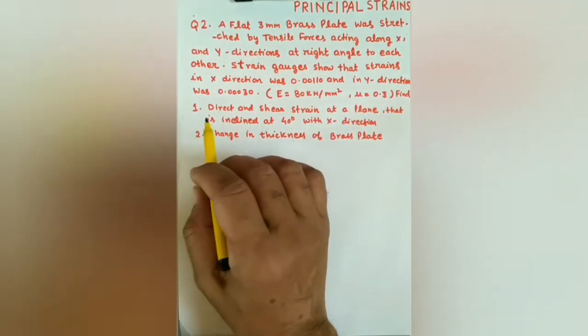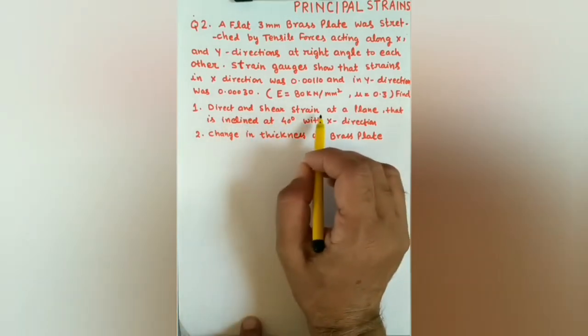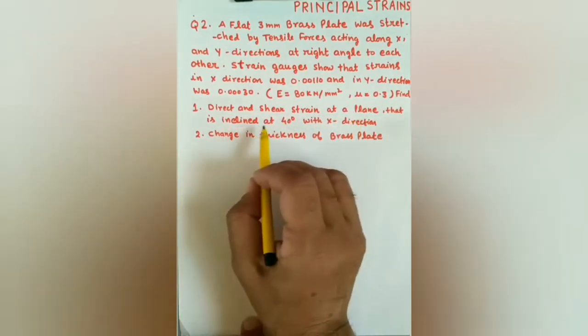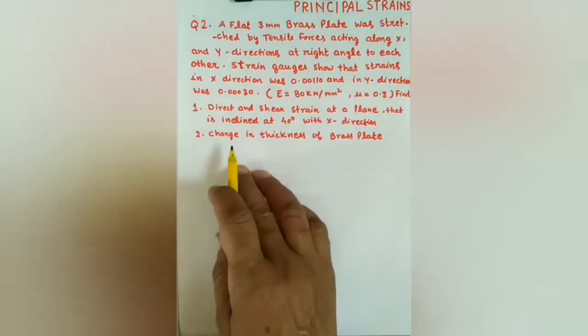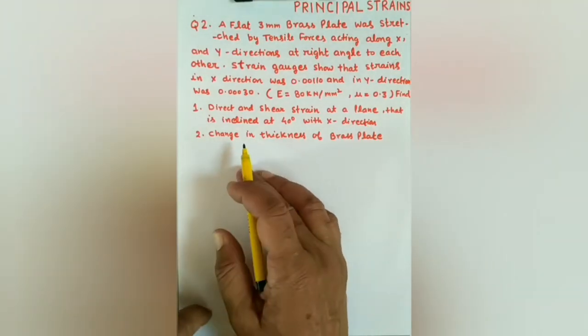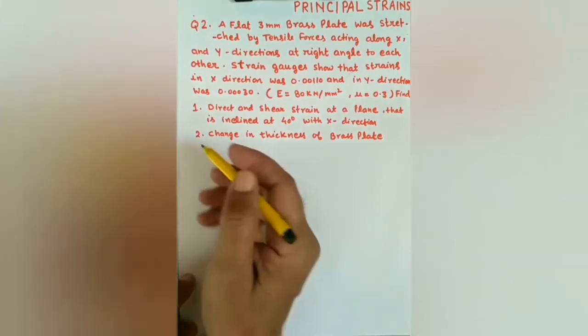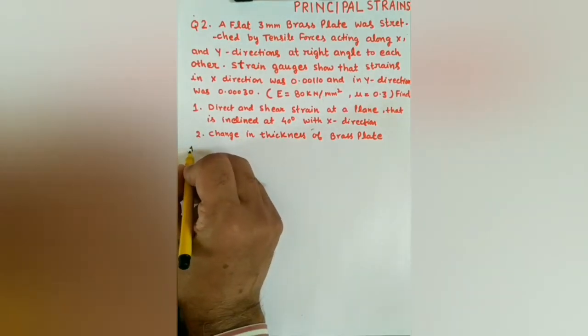Find 1. The direct and shear strains at a plane that is inclined at 40 degree with x direction, and the second part is to find change in thickness of brass plate. So let us try the first part.